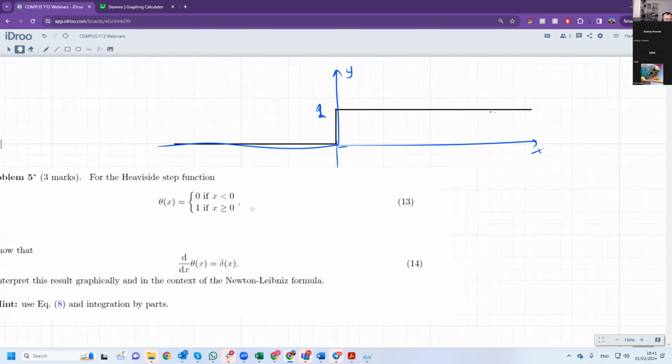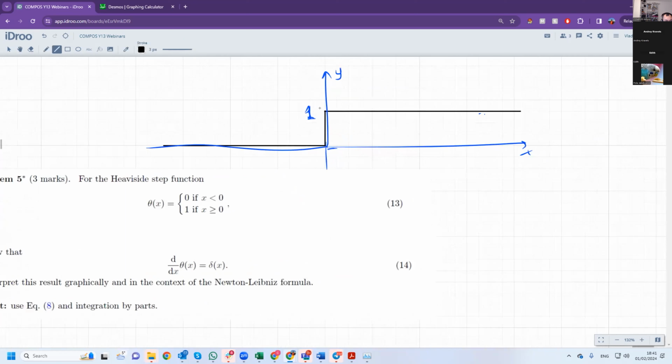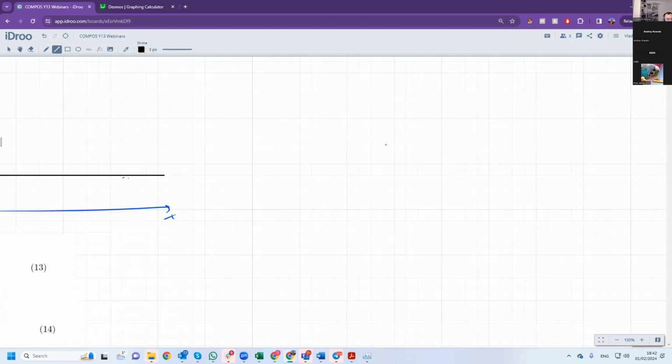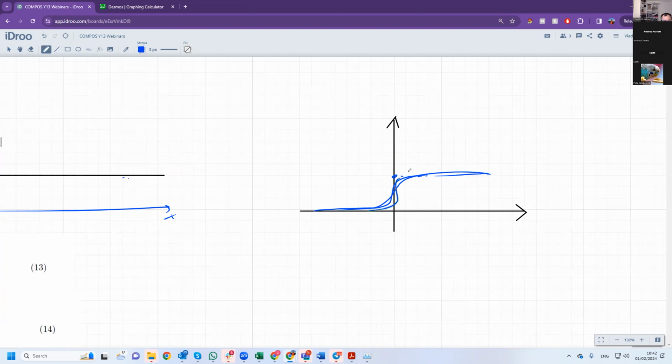Now if you look at the gradient at this section, you could draw a sequence of lines. I won't be doing the whole problem, I'm just showing you some hints of how to think about it. You could think of it going like this, and then steeper, and steeper.